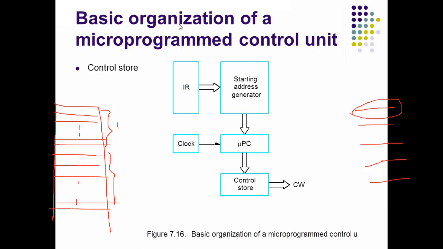Whenever we have branches, we need the branch address generator also, and only then do we go to that branch. Here we take either conditional branch instructions or unconditional branch instructions.